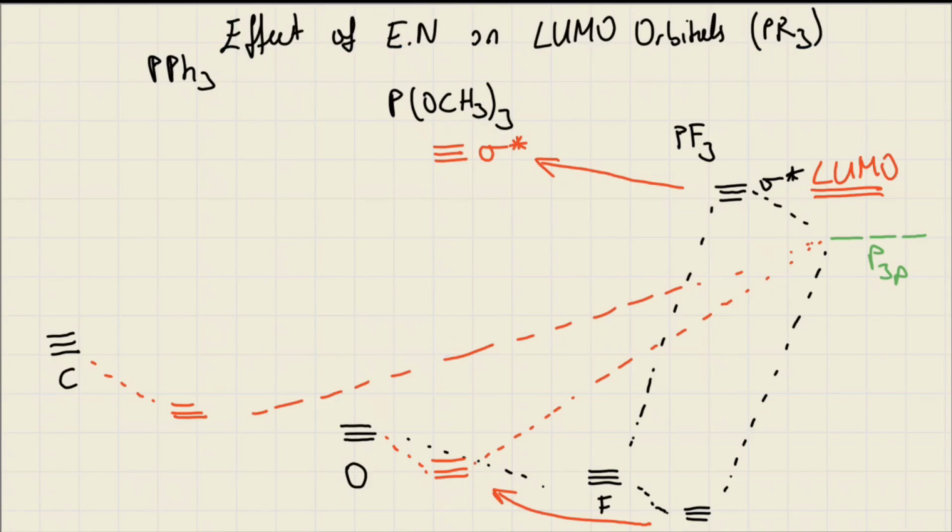So LUMO energy will increase for PPh3 molecules. So this is the sigma star, and it has higher LUMO energy.